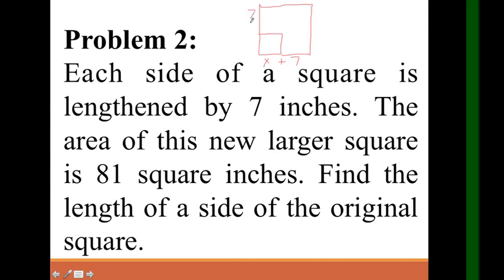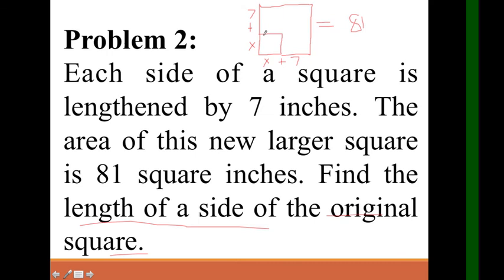So, nag-add lang sila. Okay. Now, yung total na area ng buong malaking square na yan after nilang mag-add ay equal sa 81 square inches. So, ang hinahanap natin ngayon is yung length ng side ng original square.